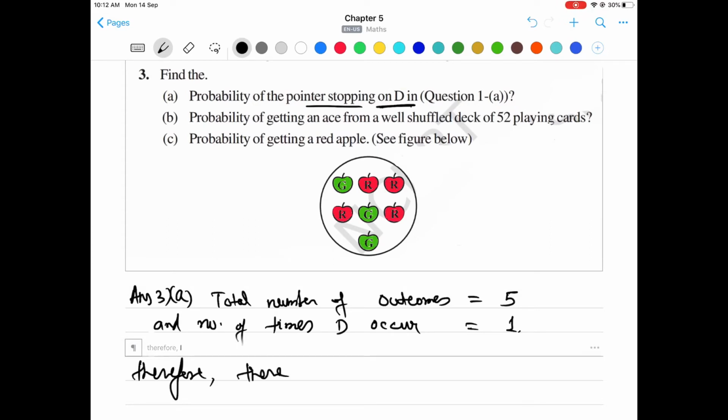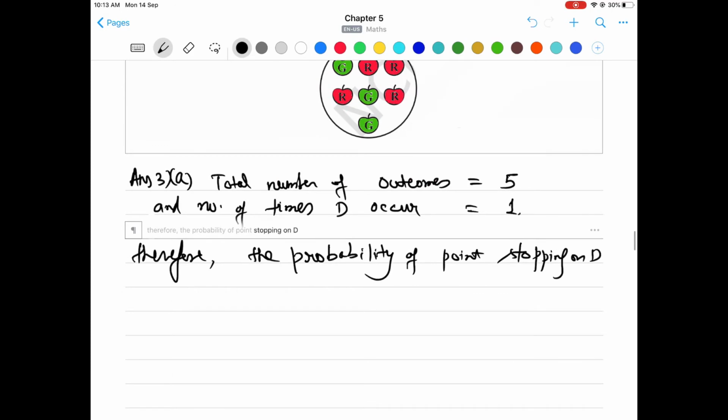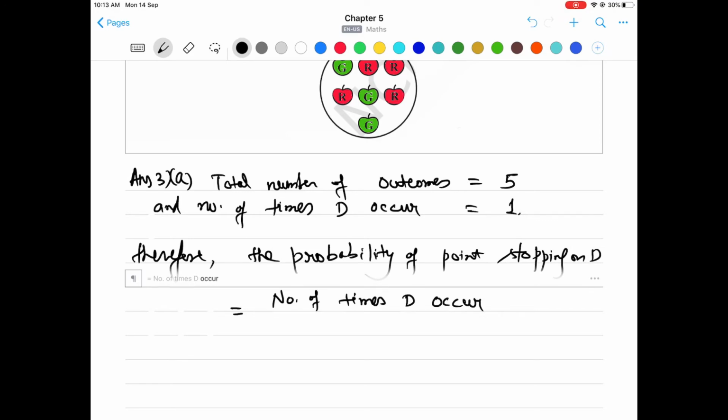Therefore the probability of the pointer stopping on D is equal to the number of times D occurs divided by the total number of outcomes.